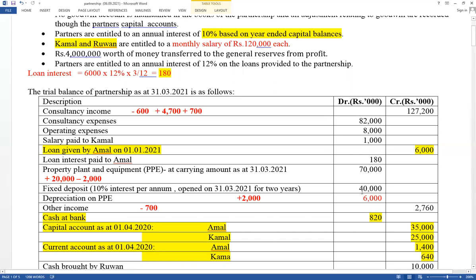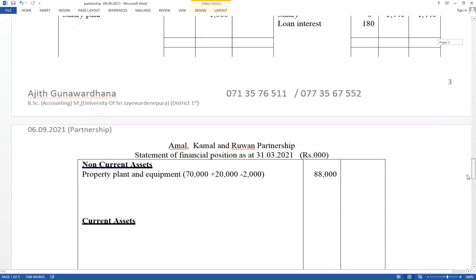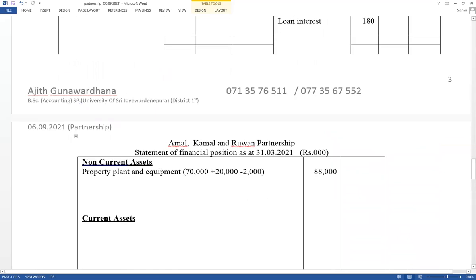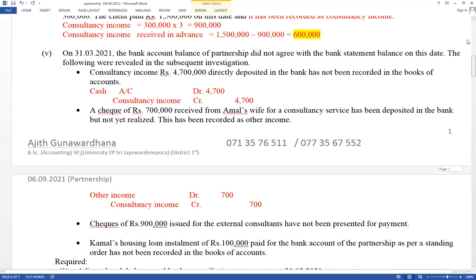Therefore, in the statement of financial position, in between current and non-current assets, the 10% fixed deposit value equals 40,000. No need to calculate FD interest, because the fixed deposit is not available during the current period.